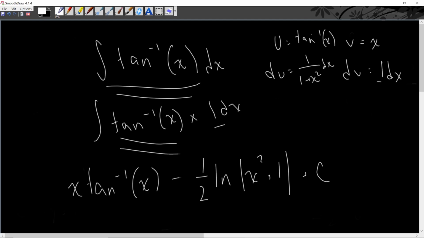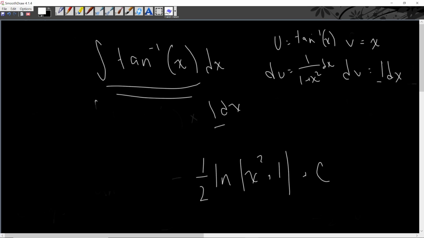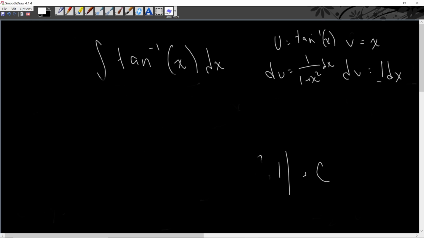Okay, this one's interesting. Let's write what we have. We have e to the power of x cosine 2x. And after this, we'll see what this needs.